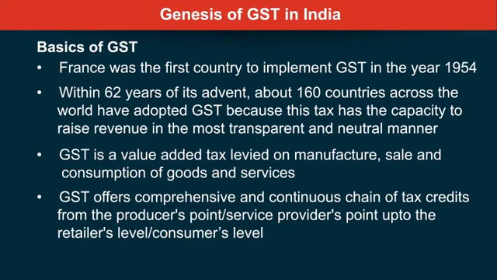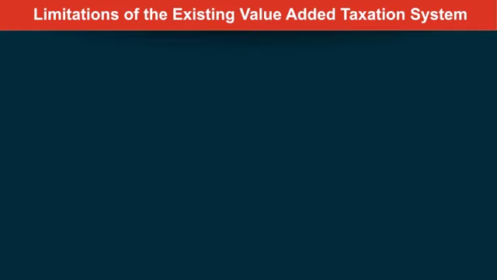The same happens in case of services from the service provider up to the service recipient, that is the ultimate customer. Now here the person at every level of value addition will end up paying taxes only on value addition made by him, and because of which there is no cascading effect. That means there is no question of double taxation and there is no question of paying extra taxes on the earlier tax payment.